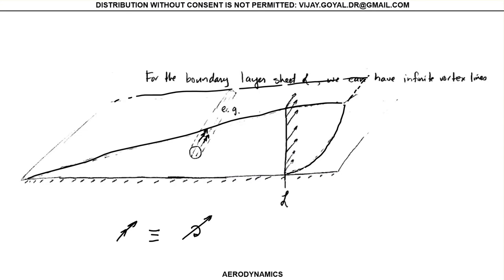Okay? Let's consider another case, case D, let's say. In this particular case, let's suppose we have a cone and it's spinning. So let's consider the following spin.